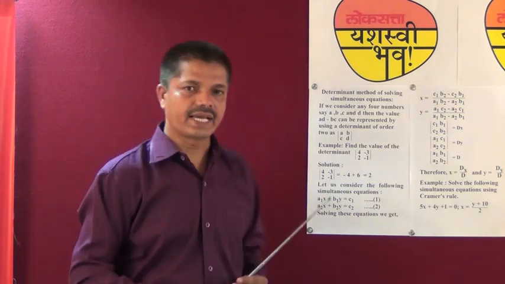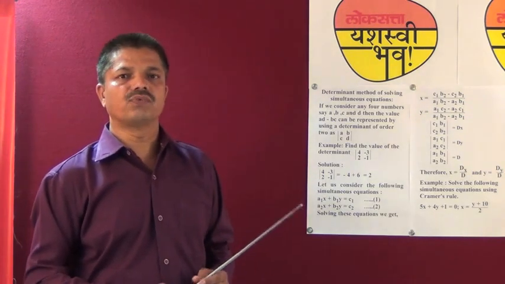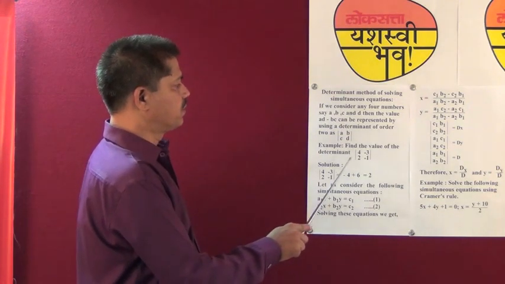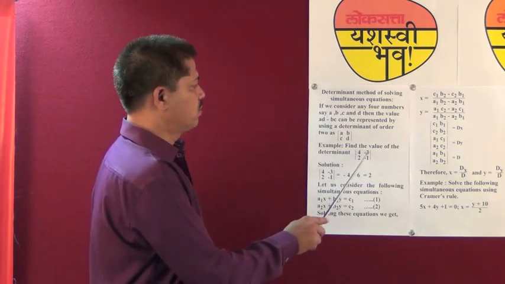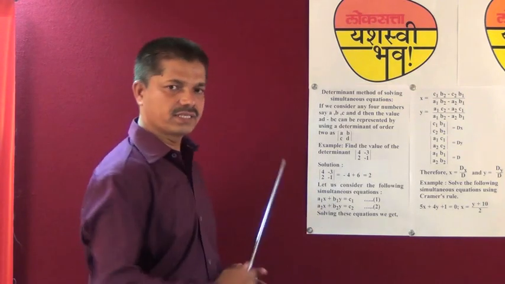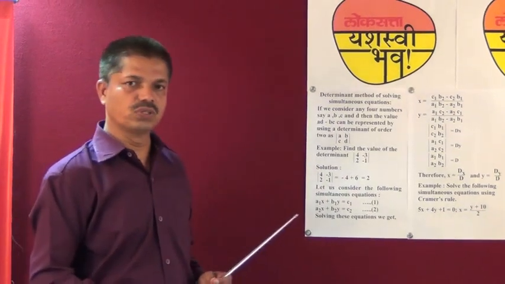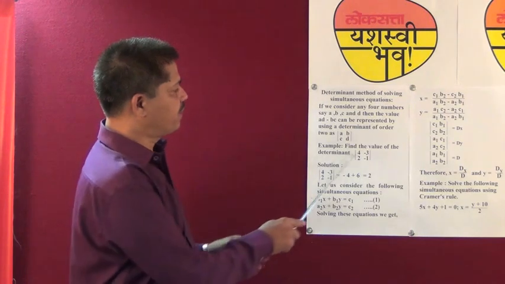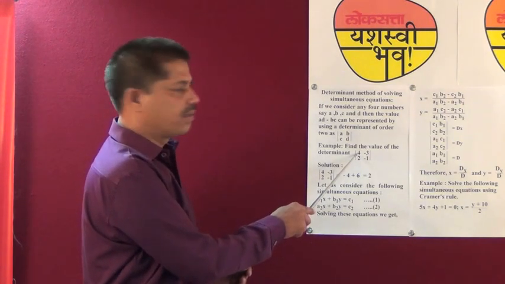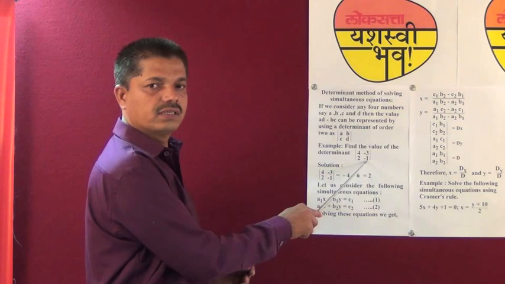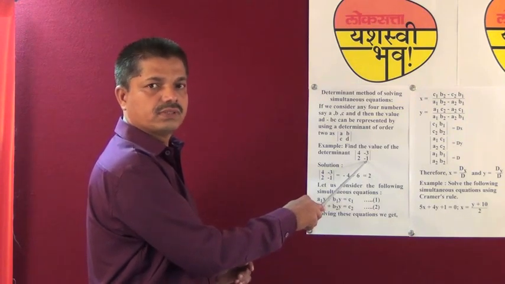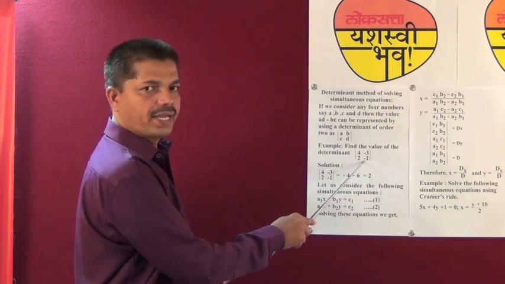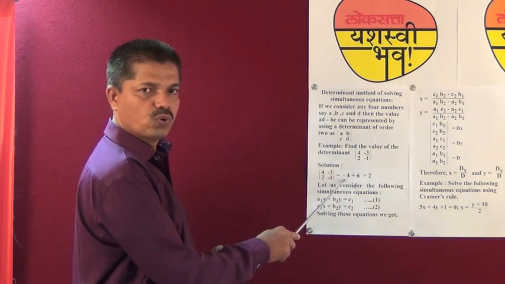Now let us take an example of finding the value of a determinant. Find the value of the determinant 4, minus 3, 2, minus 1. For finding the value, you always start with the number at the left hand side top corner and multiply it with the right hand side bottom number. Here we get 4 multiplied by minus 1, which is minus 4.